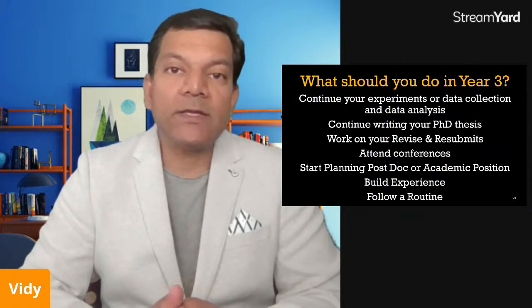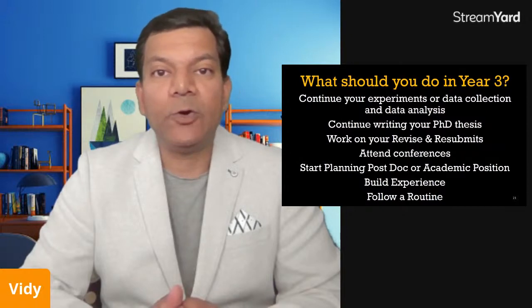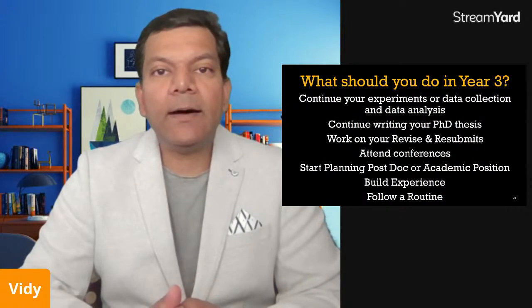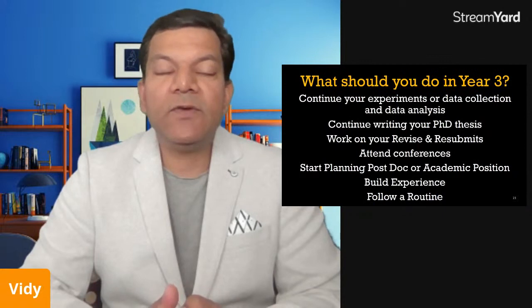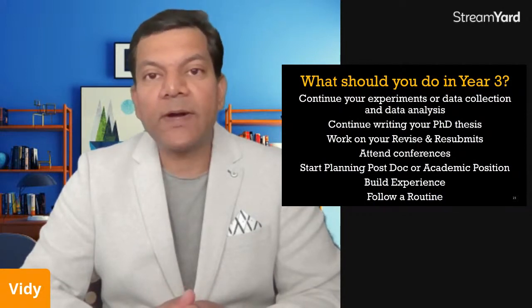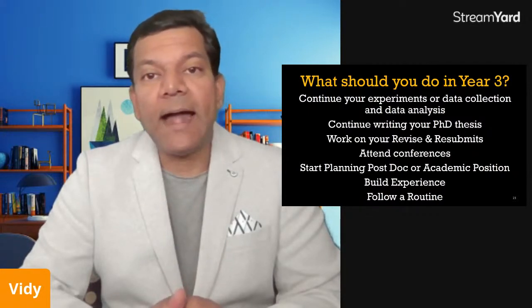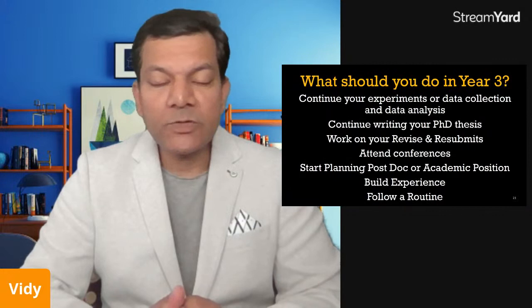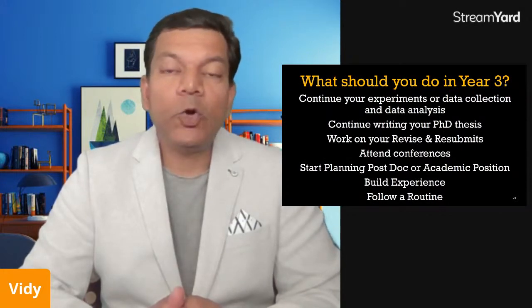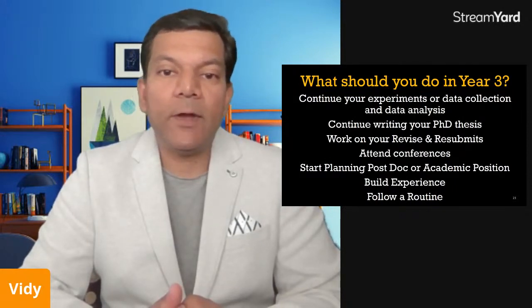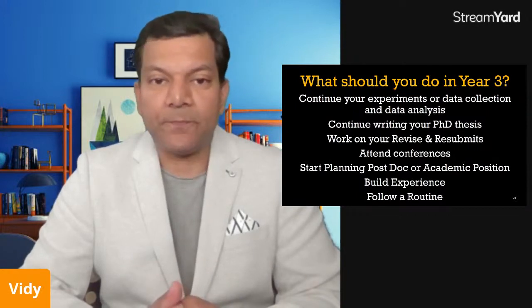So start collecting all such information and adding it to your CV. If you recall, in webinar 1, I did mention that you have to start compiling your CV from year 1, and as you progress, the activities that you do can be added to your CV. That way you don't miss out on anything, you don't forget anything, and you will have a complete CV ready for when you decide to apply for a position.